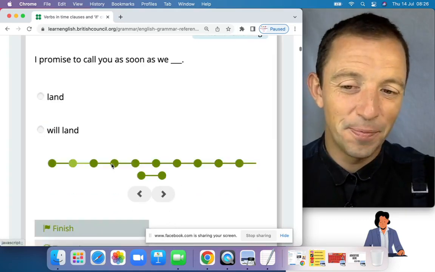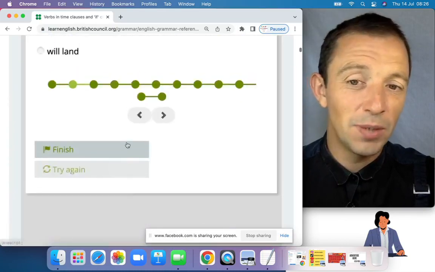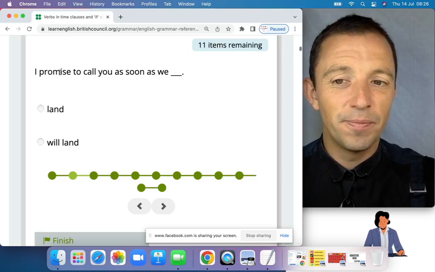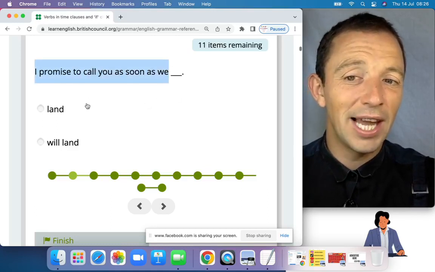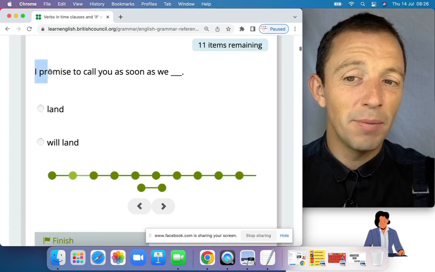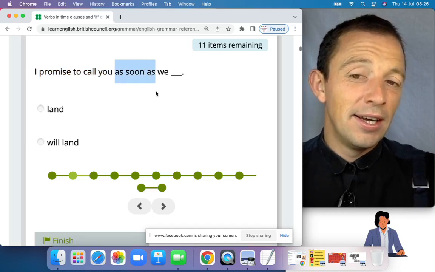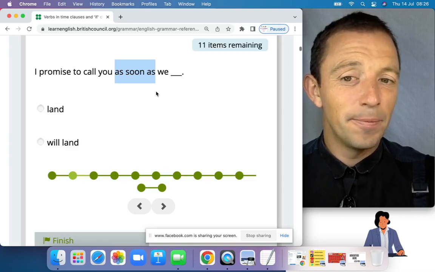Okay, let's continue. We have a lot of exercises here, 11. So we need to do these. Okay, I promise to call you as soon as we land or will land. So I promise is the present. To call you is the infinitive. As soon as, this is a time clause, I think.